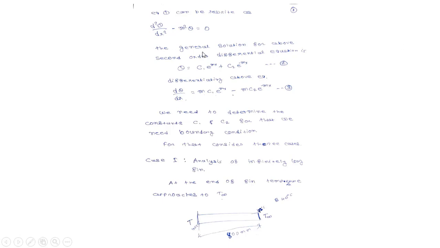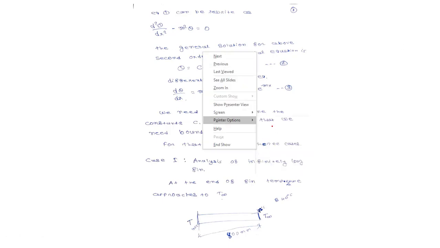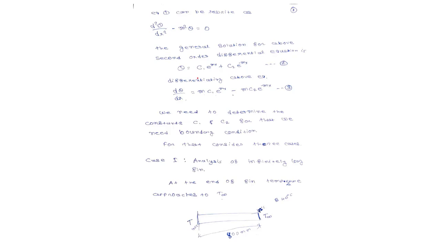So this equation we derived in our previous lecture: theta square d square theta upon dx square minus m square theta is equal to 0, and this is the solution for that second order differential equation, in which we have to find C1 and C2 to solve it.